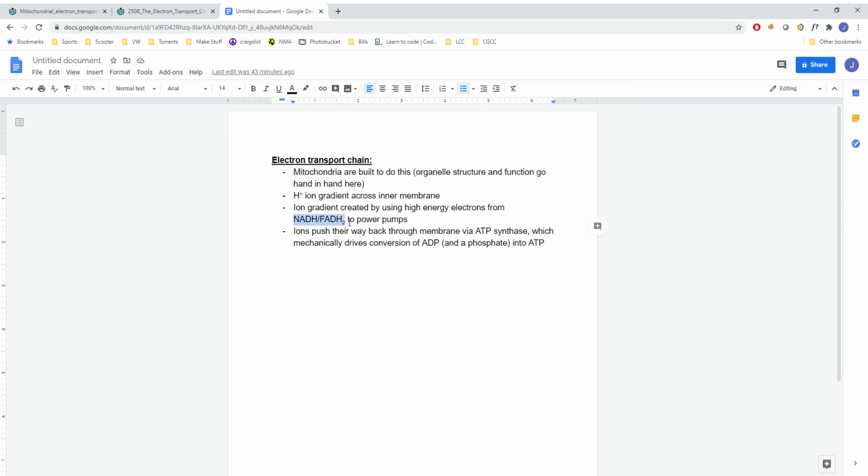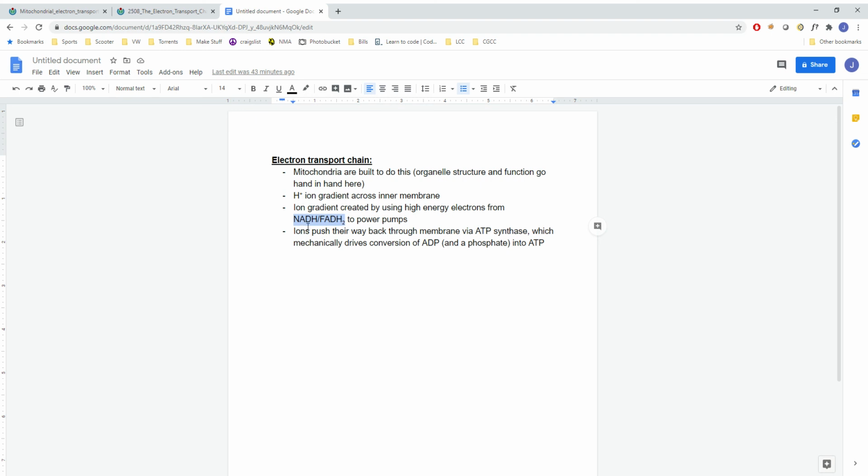So all the stuff with respiration we're talking about before. It might have seemed like NADH and FADH2 are kind of throwaways. Like, oh, we're making CO2 and we're doing this and we're doing that. Oh, we've got acetyl-CoA. Well, it turns out that actually this is what we're doing. We're making this stuff and then we're using it to make ATP in the mitochondria.